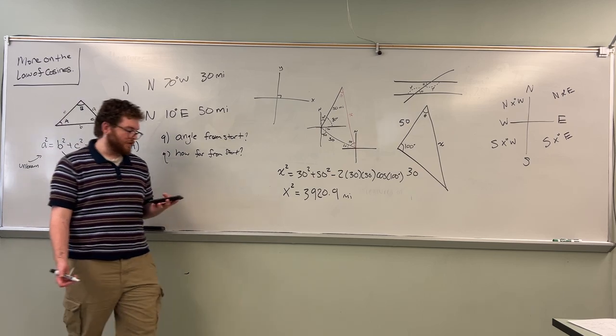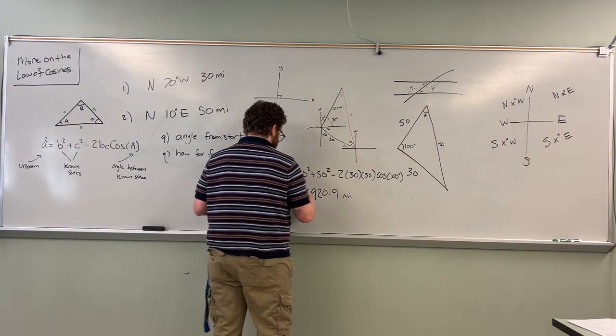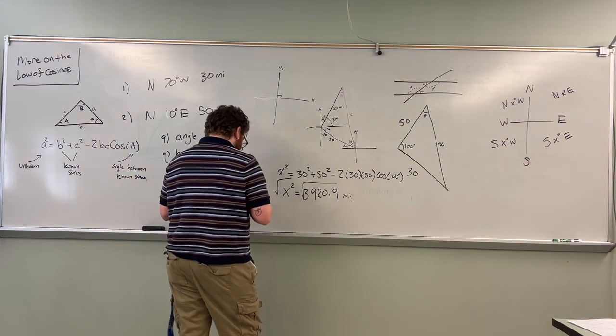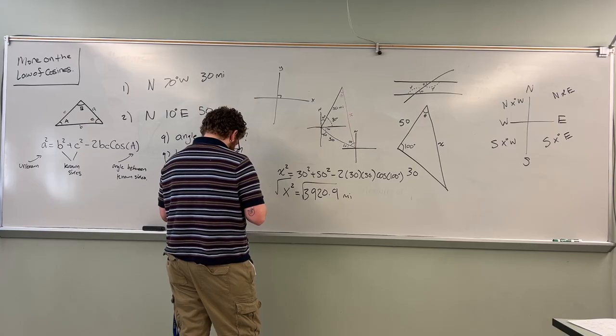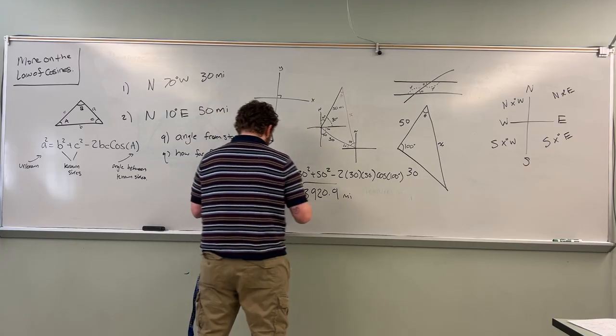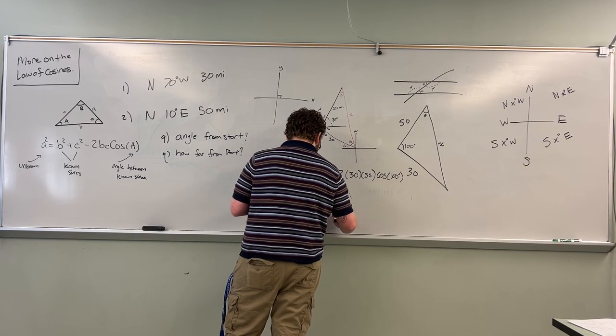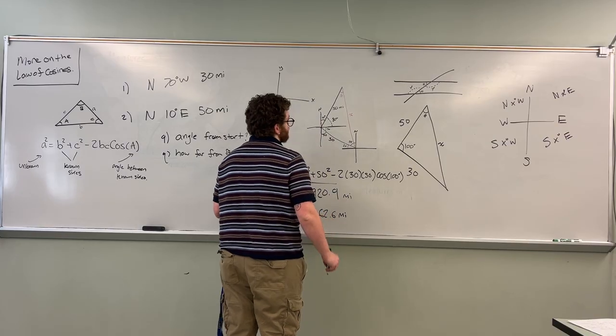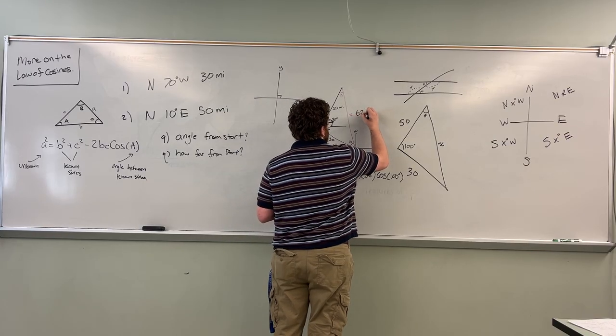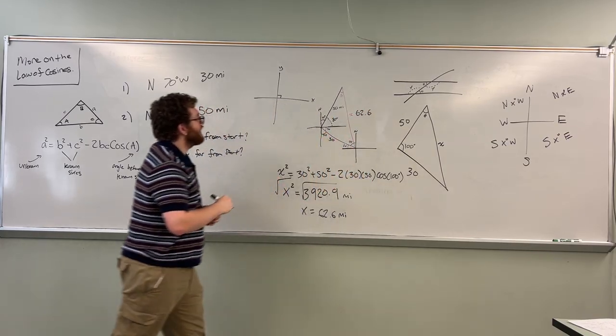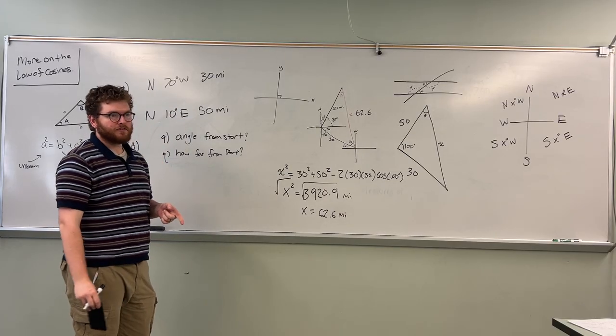Cool. Then I just take the square root, and I get, let's see, square root of 3920.9. I get x is 62.6 miles. Does that answer make sense? Yes.